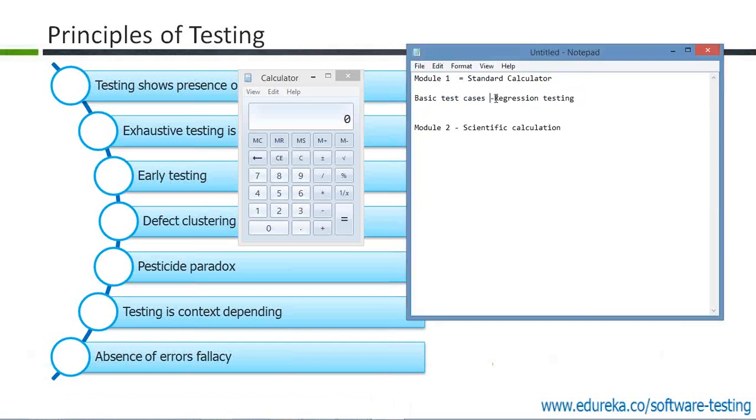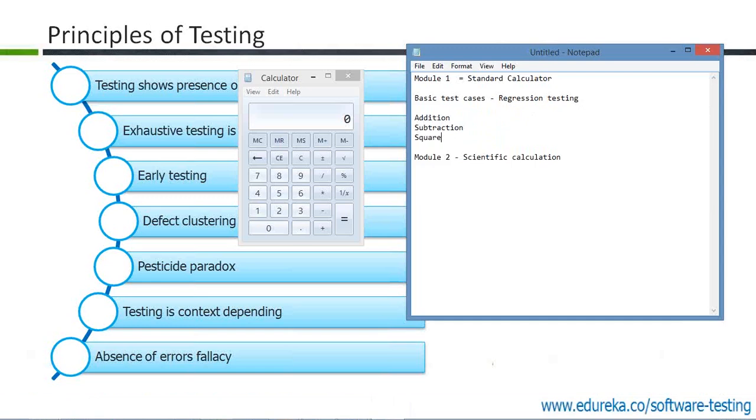Now you have some basic test cases called regression testing. So what I do in regression testing is pick up some high level test cases, like for example one or two addition test cases, subtraction, and then finding the square root.